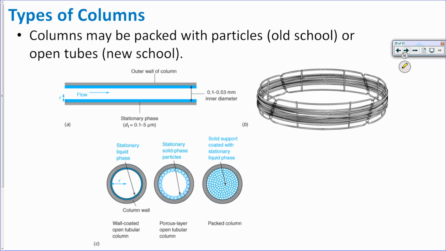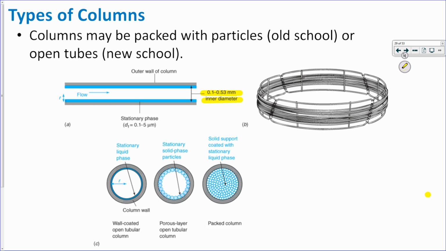Almost all the columns today are these little capillaries, and the scale here is something you have to kind of wrap your mind around. The internal diameter of these is anywhere from 100 microns, a tenth of a millimeter, twice the thickness of a human hair, up to the largest ones, which are about half a millimeter in size, and that's called a megabore. Most commonly, we use the 100 to 250.